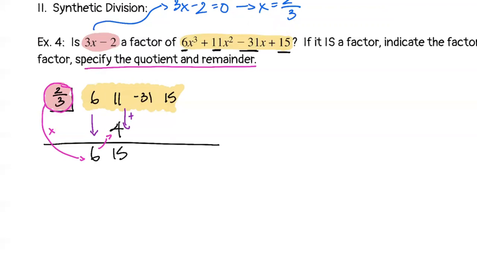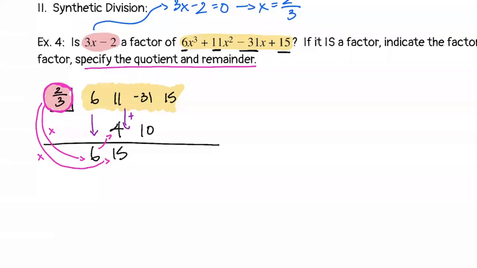And then we're going to take this number, 2/3 times the 15. 2/3 times 15 equals 10, exactly. And that 10 is going to go right under that -31.